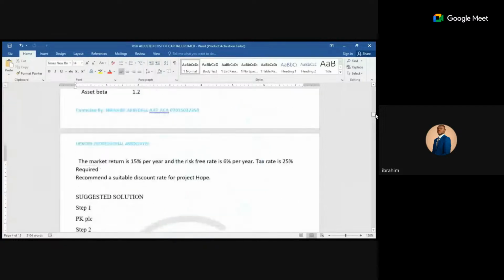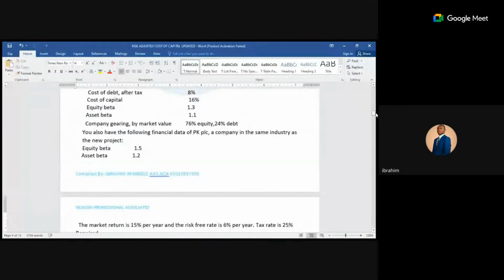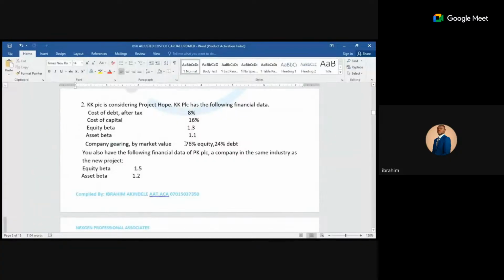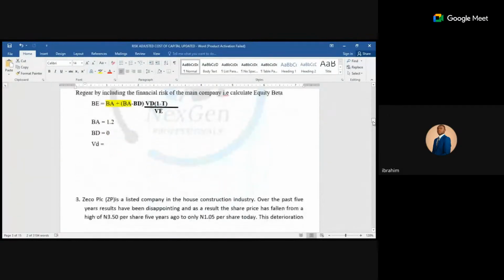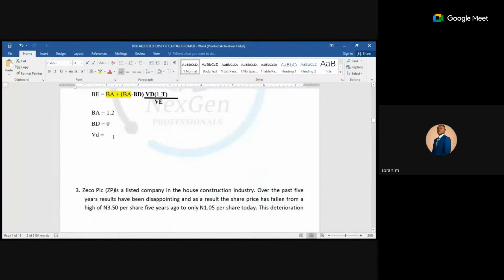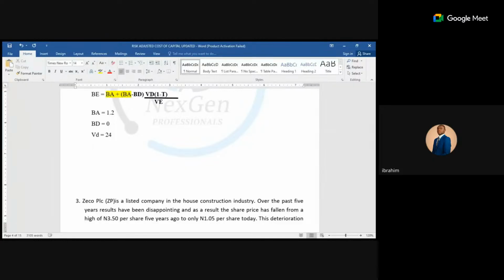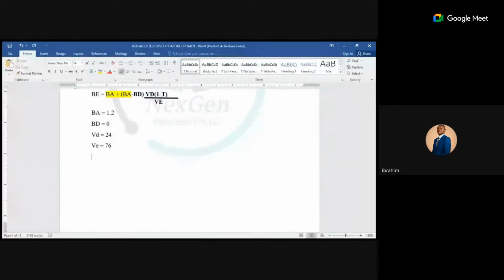They've already identified that the market value of equity is 76 and the market value of debt is 24.